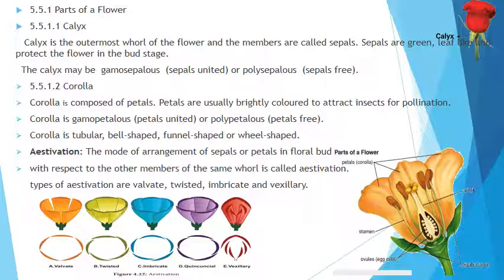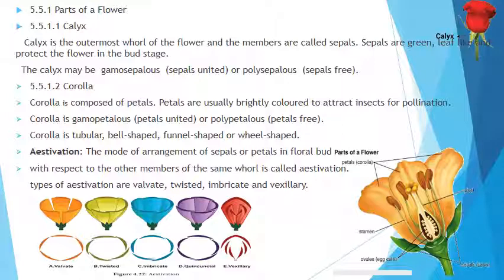Then we discuss estivation. What is estivation? Estivation is the mode of arrangement of the sepals or the petals in the flower with respect to the other members of the same whorl. The different types of estivation are valvate, twisted, imbricate, and vexillary.